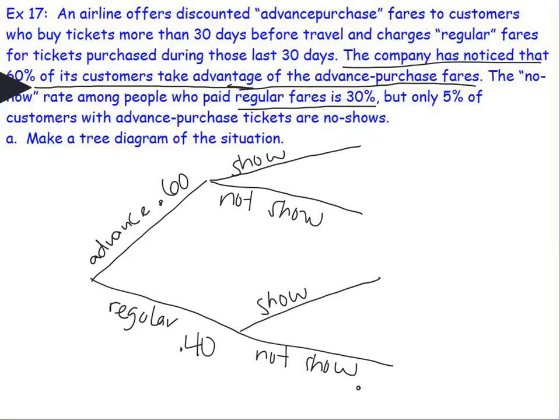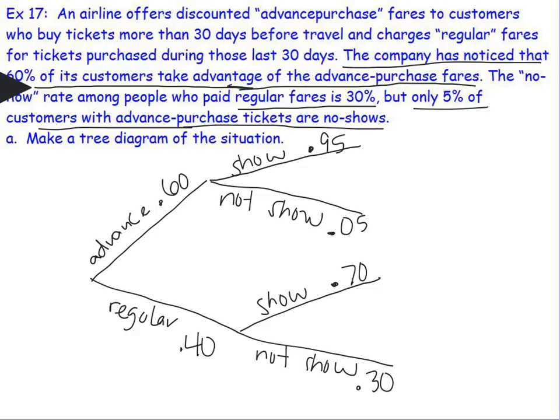So if 30% don't show, the remaining percent is 70. It also says only 5% of customers with advance purchase tickets are no-shows. So this is a tiny 5%, which is not 0.5, it's 0.05, which means 95% show, which is 0.95.